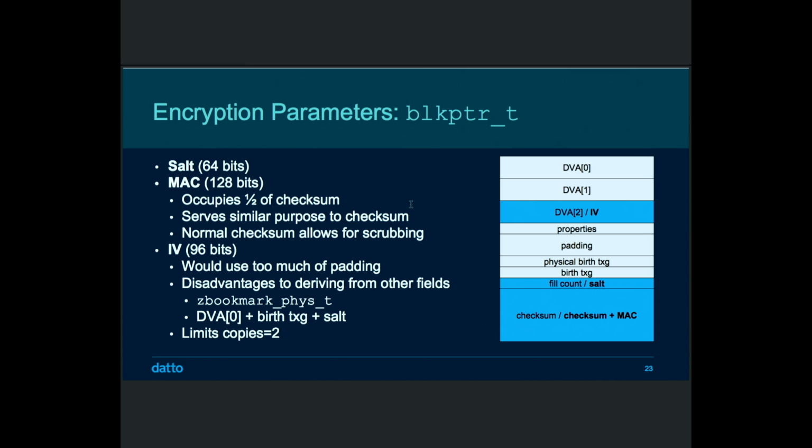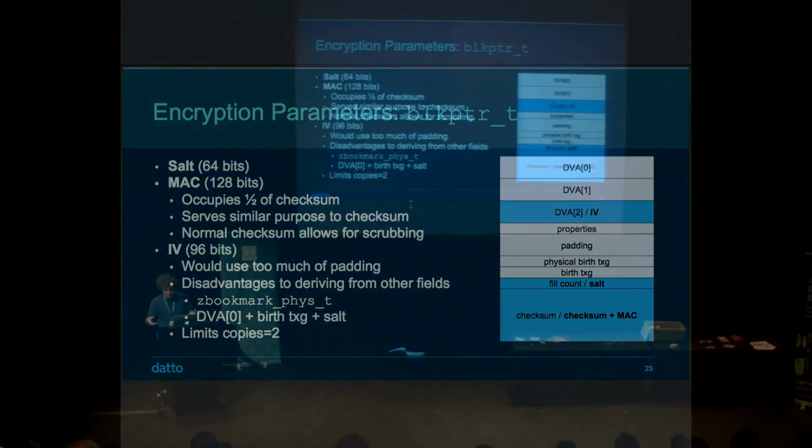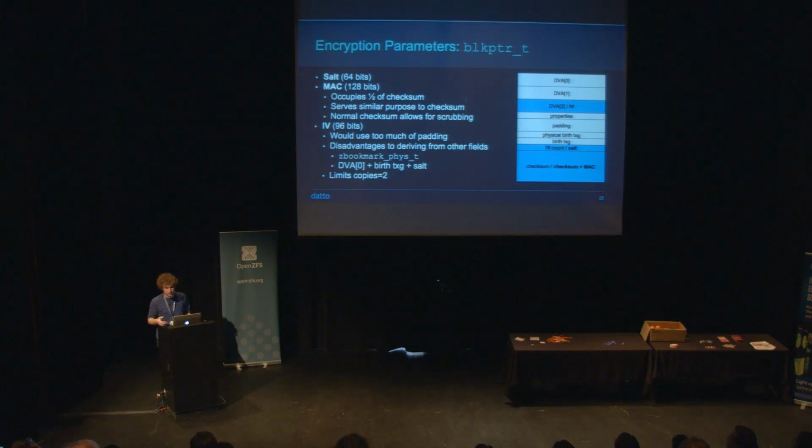We can do this because we only encrypt level 0 data, and level 0 data always has a fill count of 1. So we can assume that this is 1 just because this block is encrypted. Therefore, we can store the salt there. We don't really need that field for these.